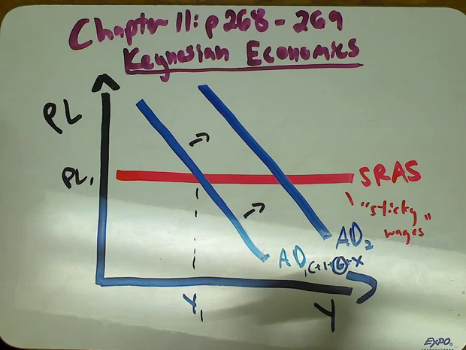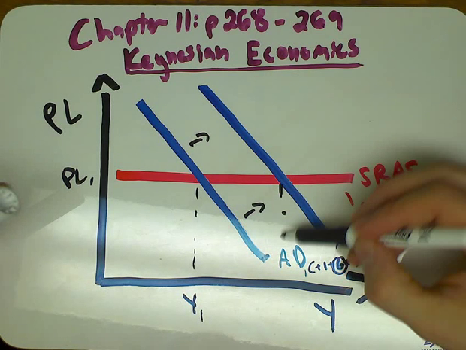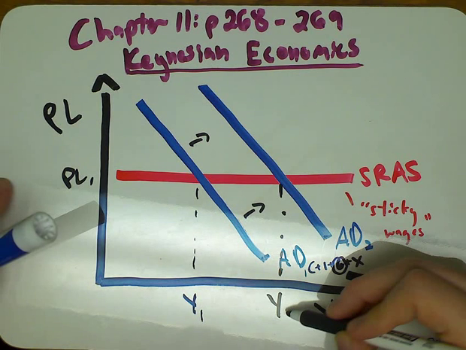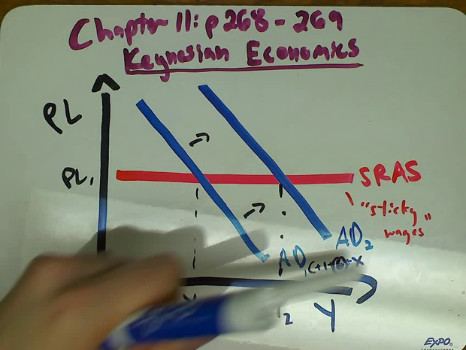So Keynes argues that if we're able to boost aggregate demand, we will end up with an increased output level, and that is at no expense. Literally, price level remains steady if we're able to move from one curve to the other.